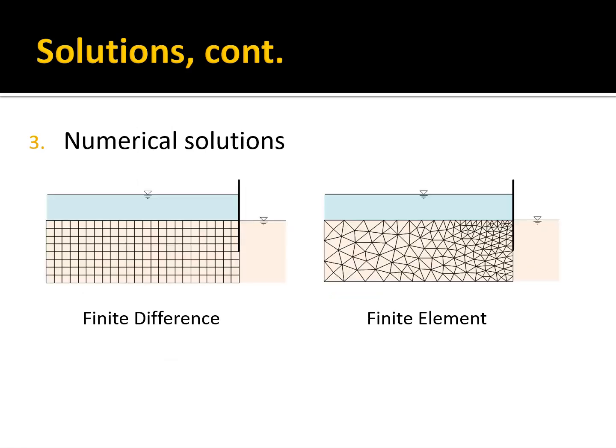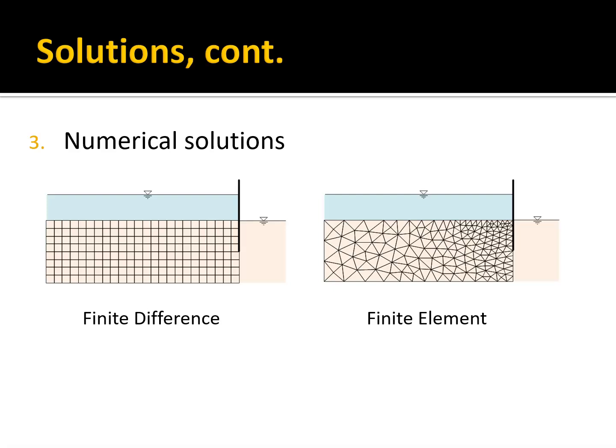And then finally, we are going to look at numerical solutions. These are the most powerful solutions in that you can apply them to pretty much any geometry. You can solve for anisotropic conditions where kx does not equal ky. You can have multiple materials, and they're really powerful and flexible.